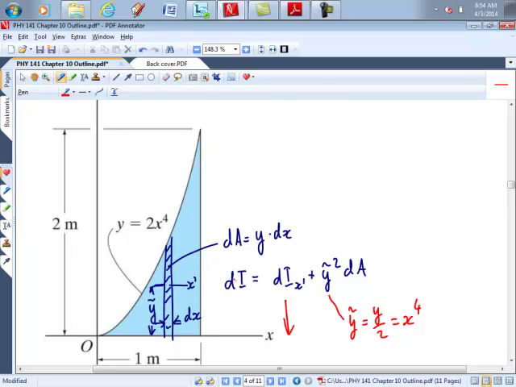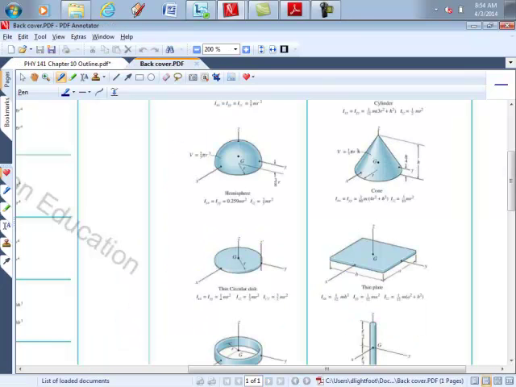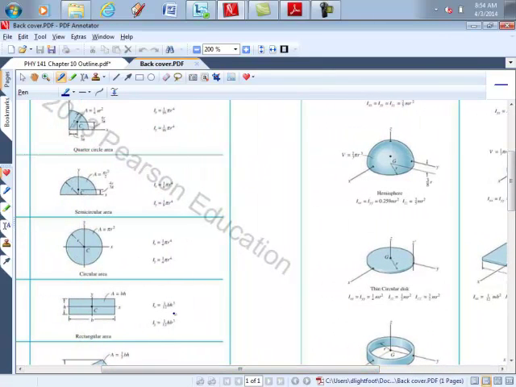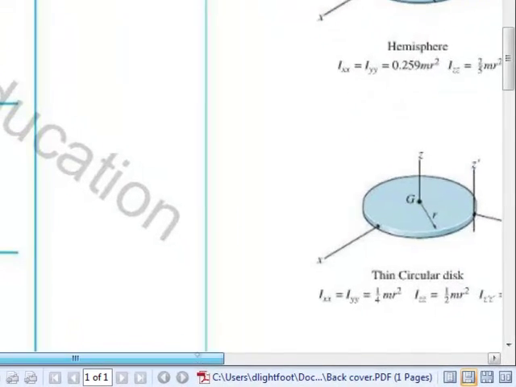The moment of inertia of this rectangle about its centroid, we could look up in tables. We'll go to the table here and we'll find the rectangle. Zoom in and hopefully we can actually read it. So the moment of inertia about the x prime axis is 1/12 b h cubed, where b is the width.